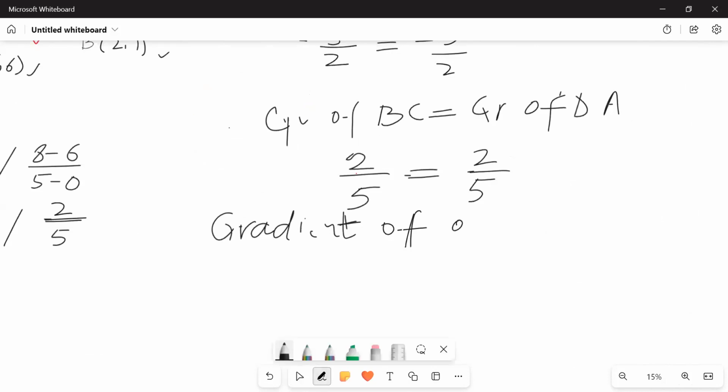Gradient of opposite sides are equal. Okay.